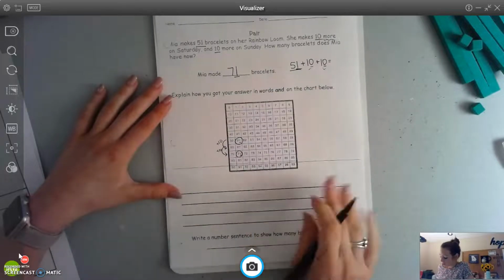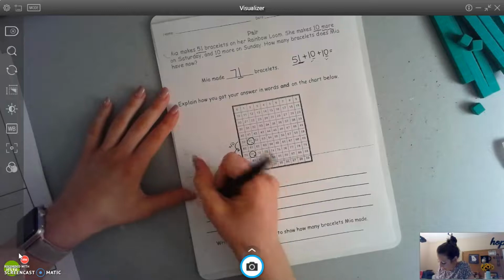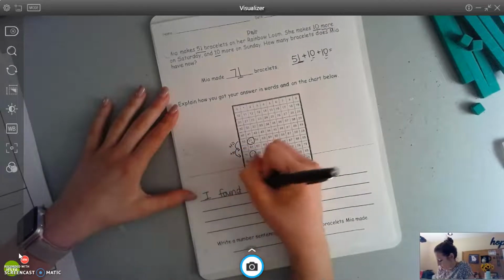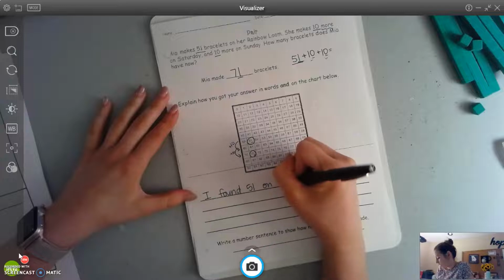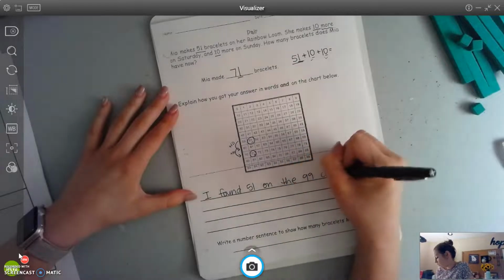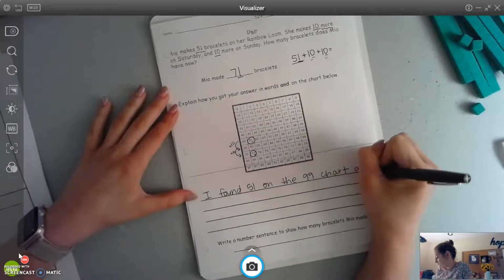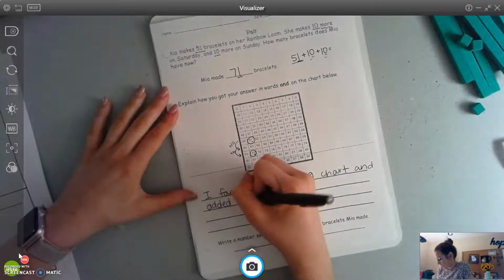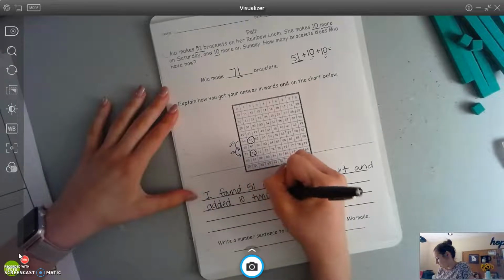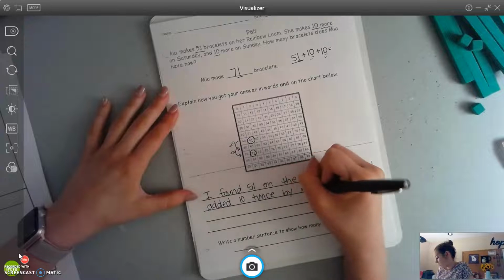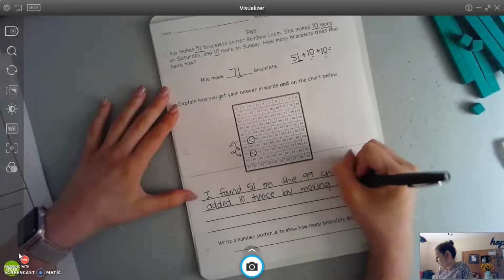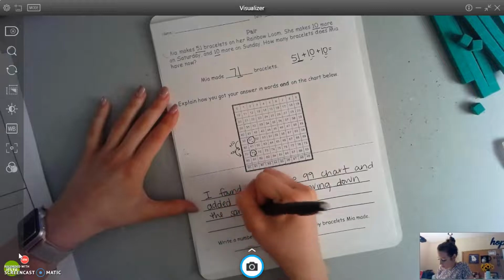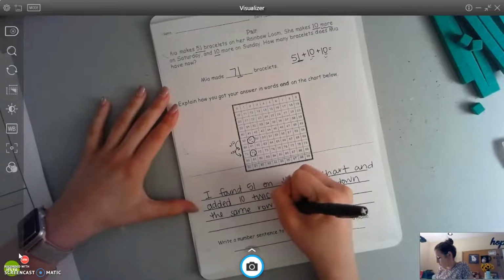So the way I'm going to explain it is I'm going to say, I found 51 on the 99 chart and added 10 twice by moving down the same row 2 times.